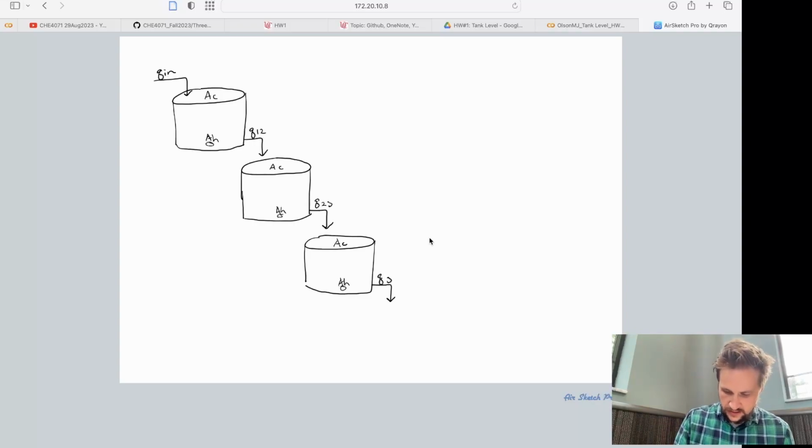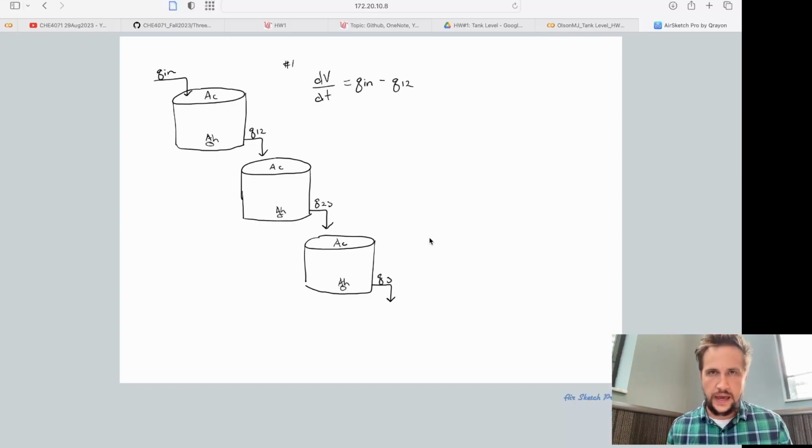So as we did in the first video, we showed that the change in volume with respect to time equals the flow going in to the tank minus, so here for tank 1, minus the flow leaving the tank. And as we showed, volume is nothing more than the cross-sectional area times the height.